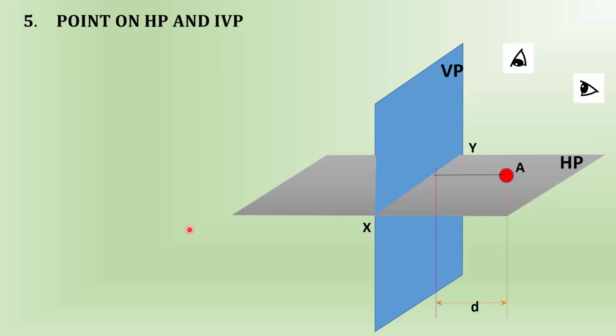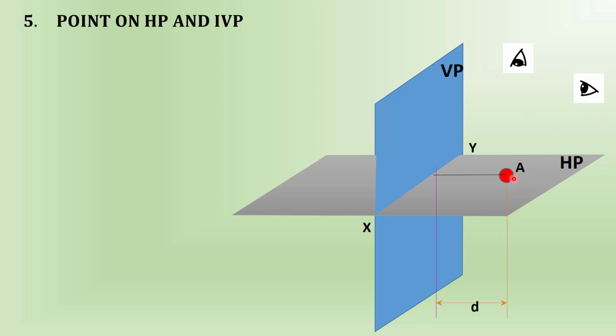Now let us consider a point lying on the horizontal plane and in front of VP. So here capital A denotes the point which is at a distance of small d from the vertical plane. Now in order to obtain the plan and elevation of this point, again we will observe this point from the front as well as from the top.